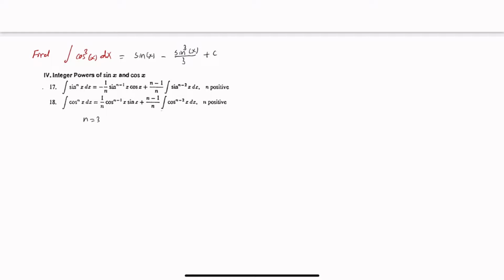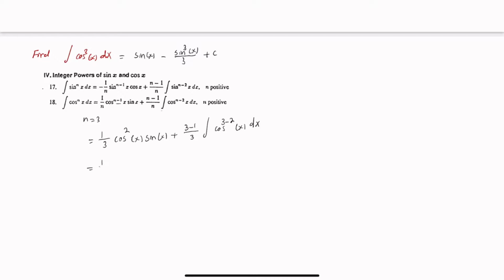n is equal to 3, therefore it's going to be 1 over n, which is 3, and then cosine of n minus 1, which is 3 minus 1, which is 2, of x, and then sine of x, and then plus n minus 1, which is 3 minus 1, over n, which is 3, and then the integral of cosine of 3 minus 2 of x dx.